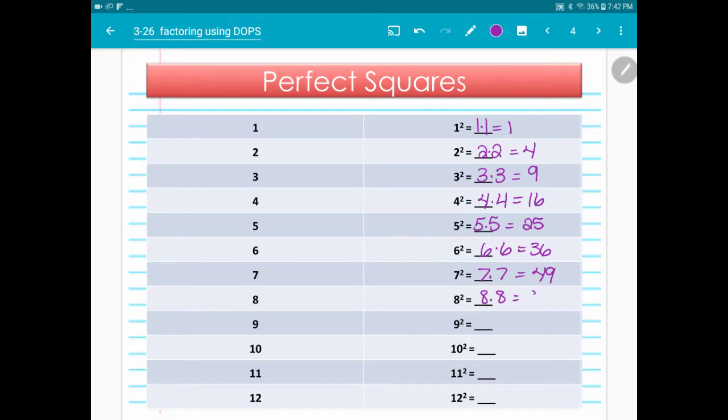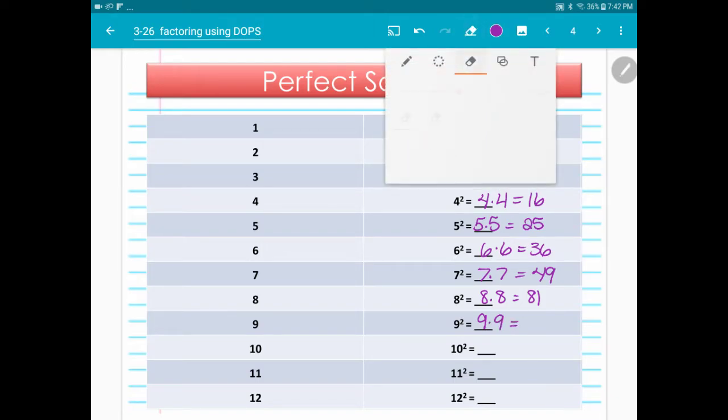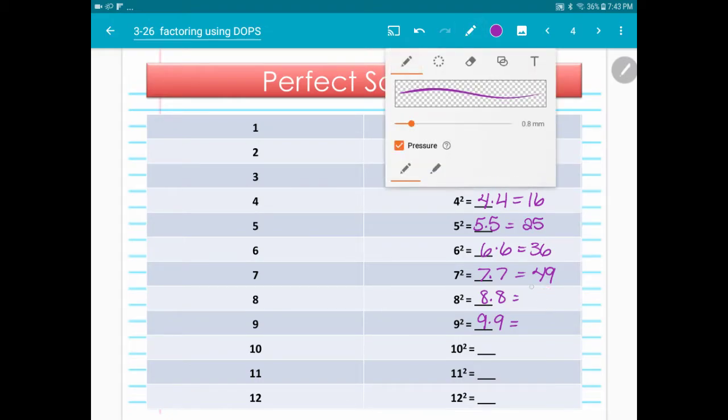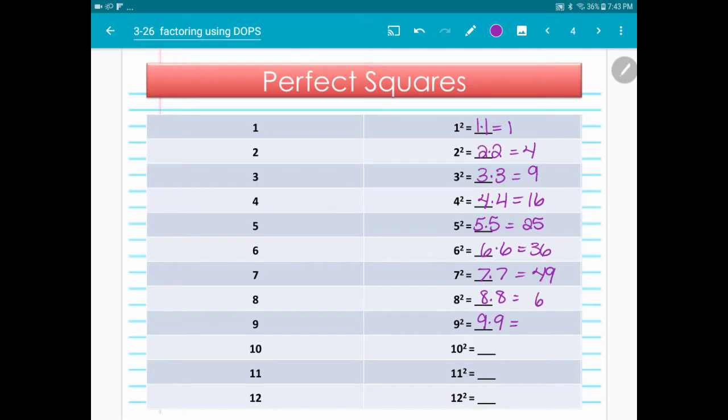All right, so all of these are perfect squares. So when, oops, sorry, I made a mistake. Not 89. All of these are perfect squares. So when you are doing these problems, you are going to be looking for these numbers specifically. That's why we're making this list.